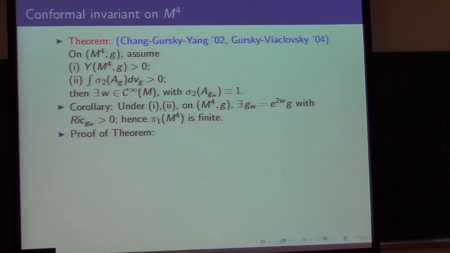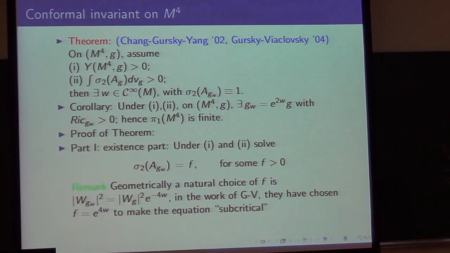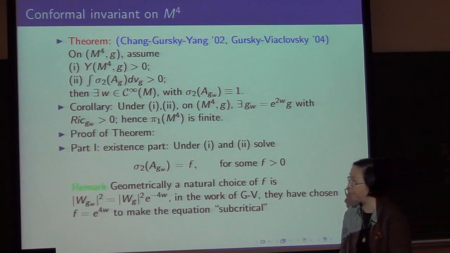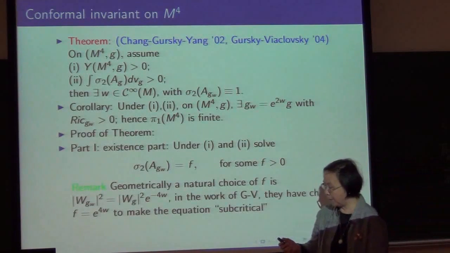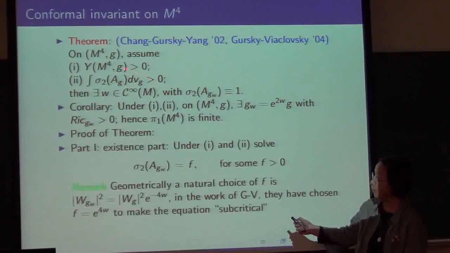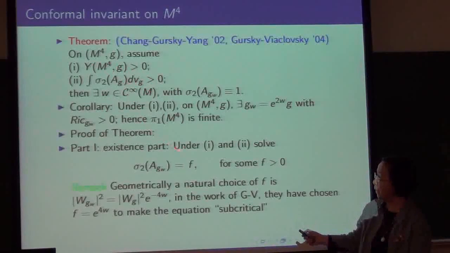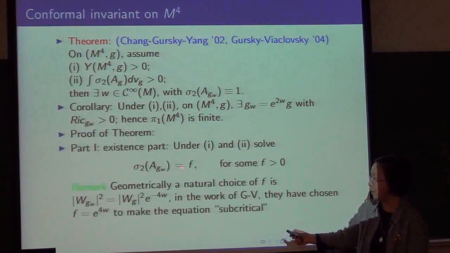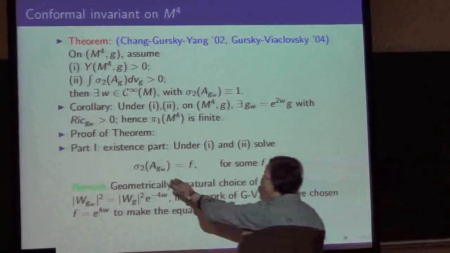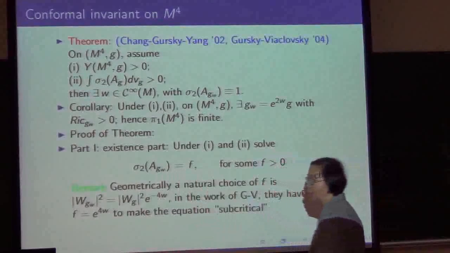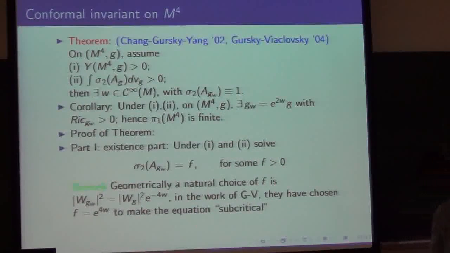And just a couple of words about the proof. The proof of this result is the following. First, under these two sign conditions, we try to solve the PDE where sigma 2 under conformal change becomes a positive function f. We try to say there exists a positive function so that you can deform the metric under this sign condition on the integration.